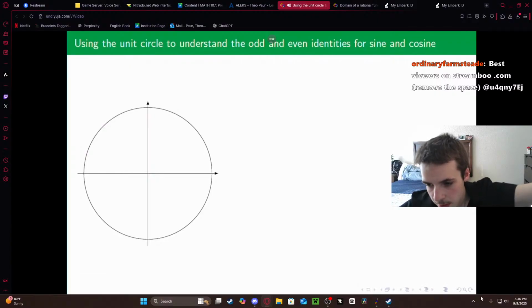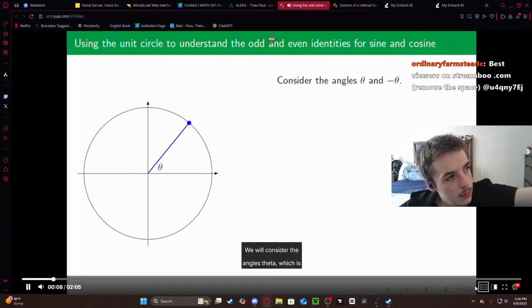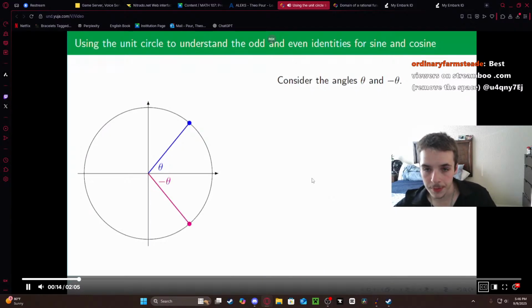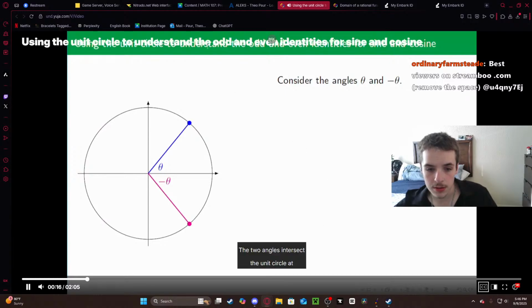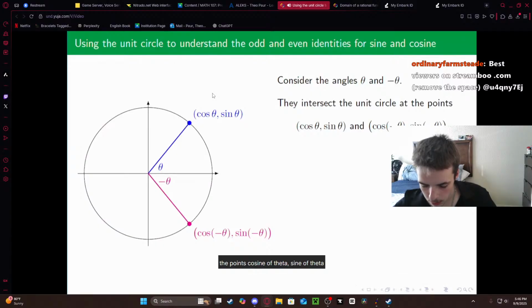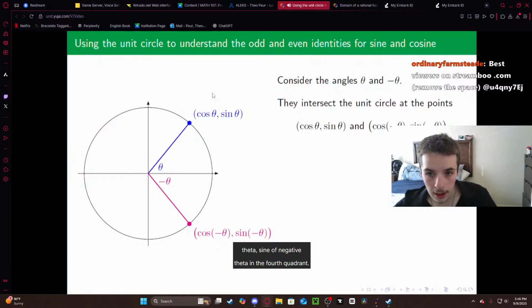Get some captions on this bitch. We will consider the angles. I'm putting my theta, headphones on. which is in the first quadrant. Okay, and the consider the opposite angles. theta, which is in the fourth Okay. quadrant. The two angles intersect the unit circle at Sure. the points cosine of theta, sine of theta in the first quadrant, and cosine of negative theta, Okay. sine of negative theta.